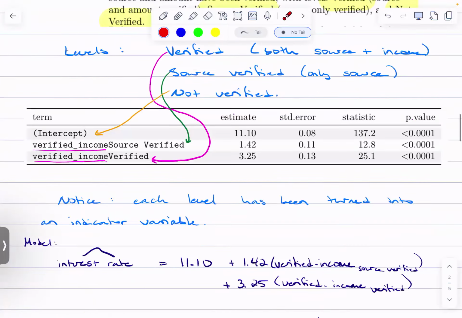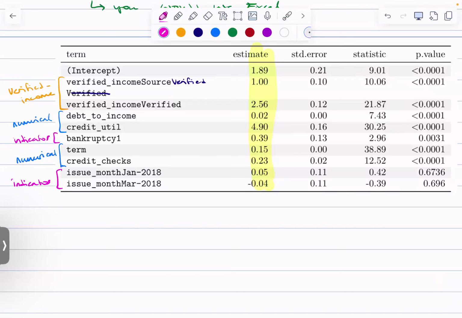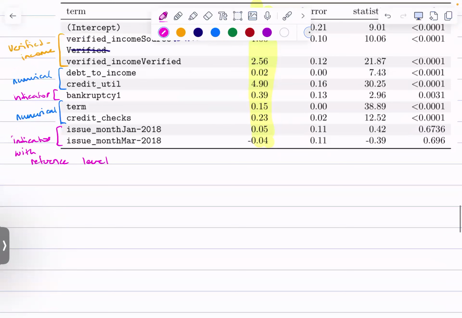Think about it. And so here, the indicator with the reference level February 2018, issue month, and then we've spread it out over the levels. It's either January or February or March. There can't be any overlapping there.